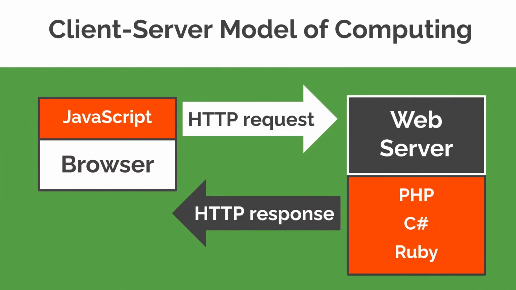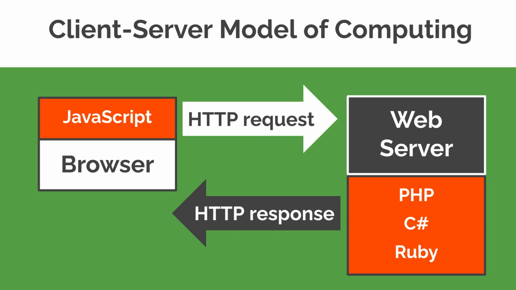All right, the client is written in JavaScript, of course, with HTML and CSS as well. Perhaps you're using React, perhaps you're using Vue as your front-end framework. The browser is written in JavaScript, and typically web servers can use a variety of languages like PHP, C#, and Ruby. And so that is an option for making a web server.